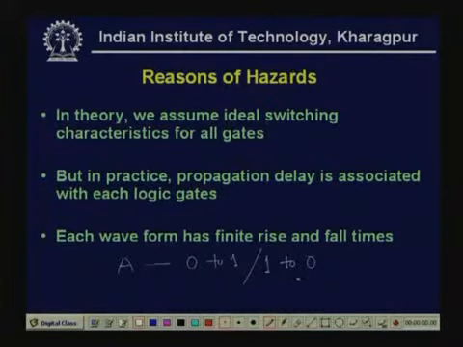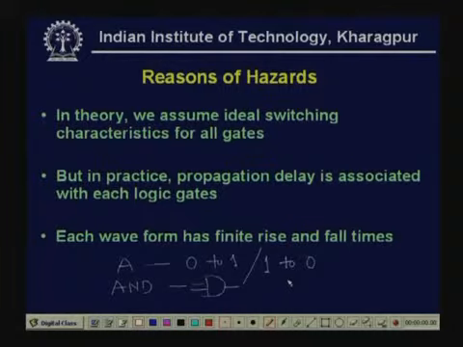This is switching, and we call this ideal switching. But in practice, a propagation delay is associated with each logic gate. Say this is an AND gate, a simple case of a 2 input AND gate, or this can be a dot operation.